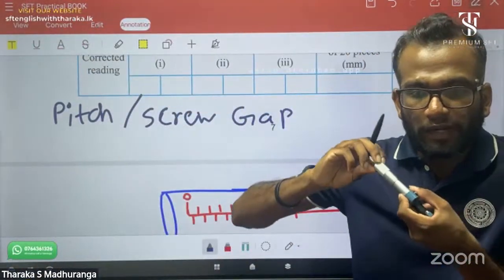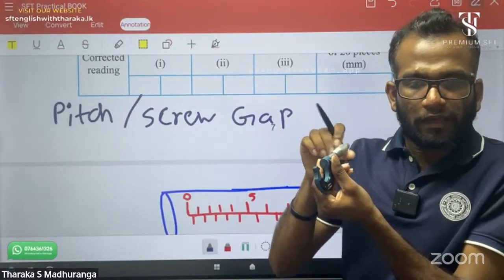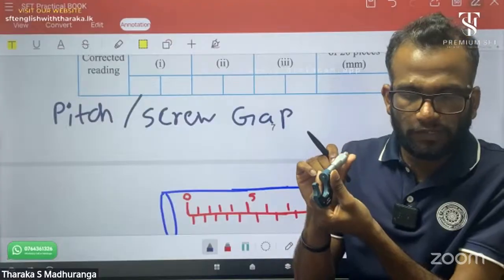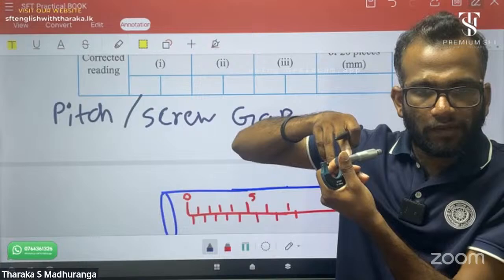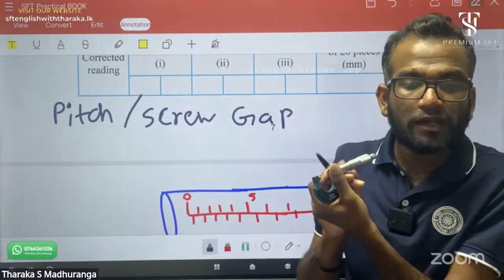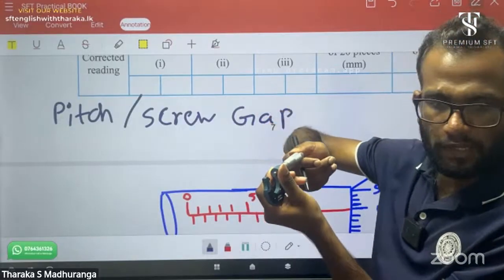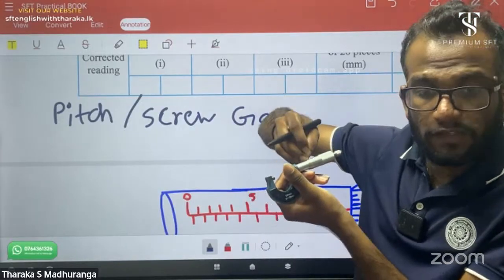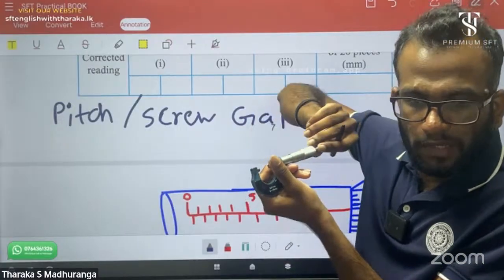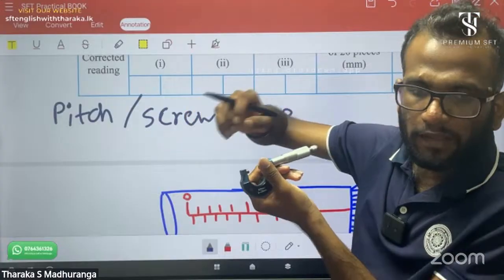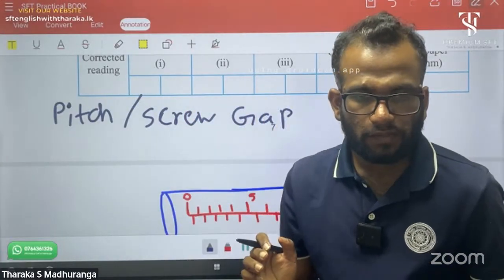It is the distance the circular scale moves along the linear scale within one complete revolution of the circular scale.